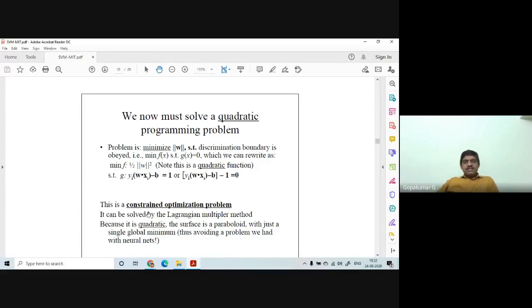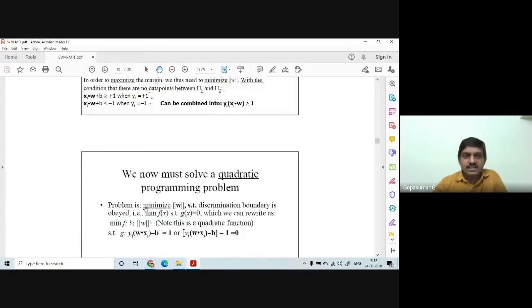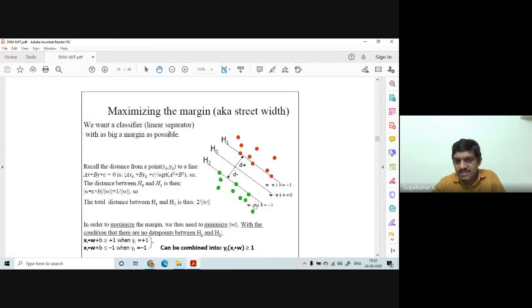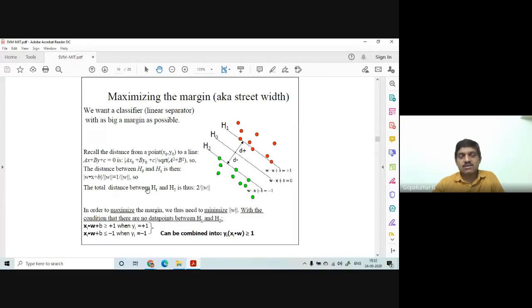So what is actually here, we know that we have to maximize this width between the support vectors. We can represent the total distance between h1 and h2 as 2 divided by modulus of w, because it is 1 by modulus of w on this half and again on the other half, so that you will have 2 divided by modulus of w.